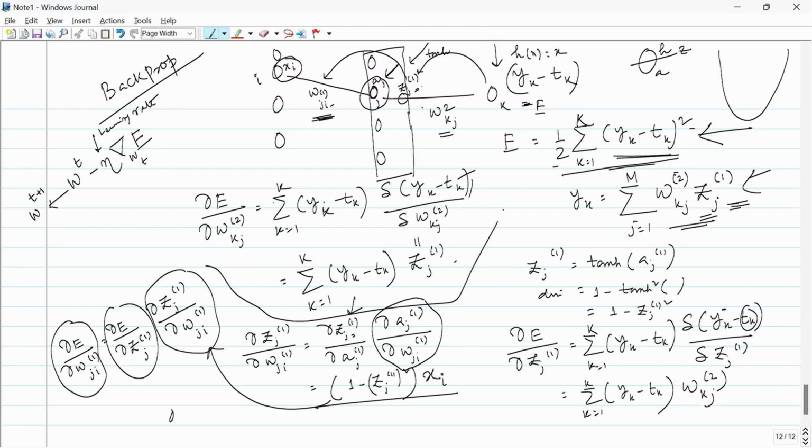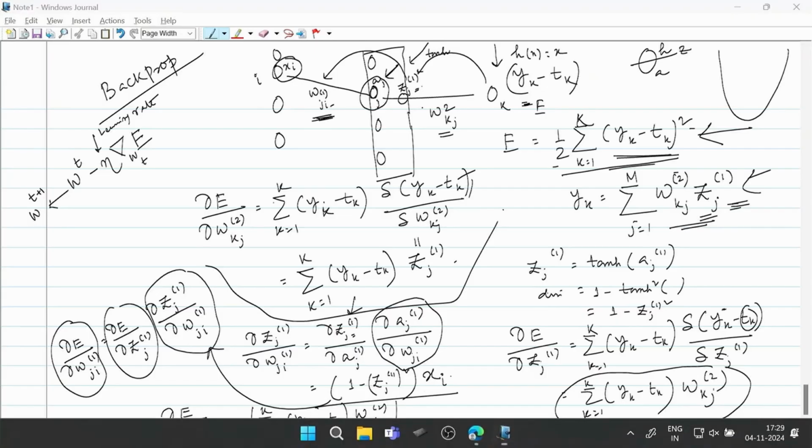The final derivative del E del wji1 will consist of this, which is sum over k goes from 1 to K of (yk minus tk) wkj2, right?